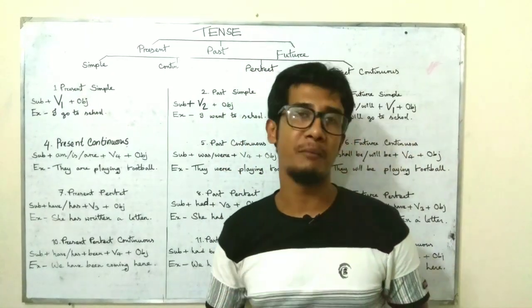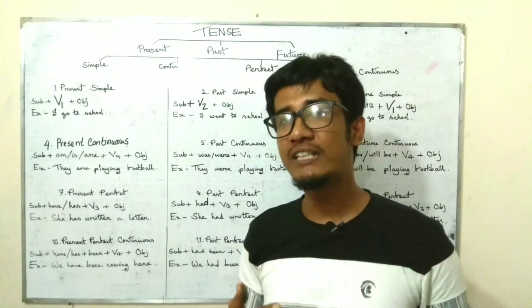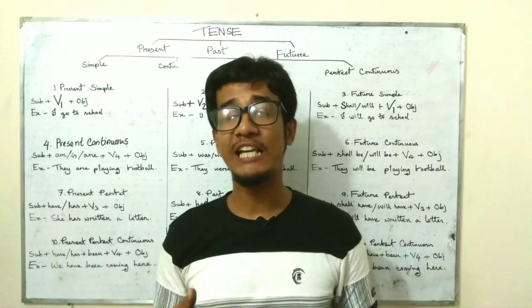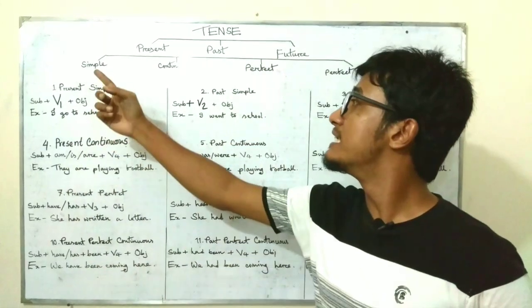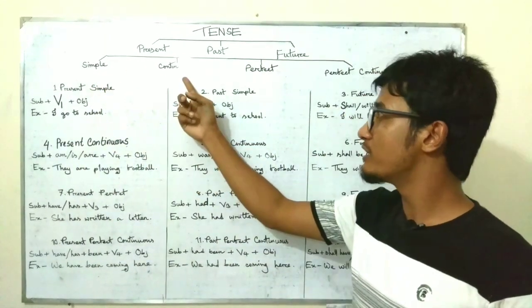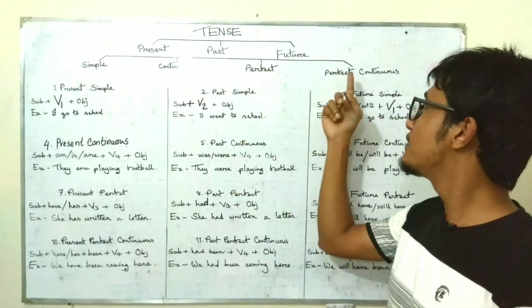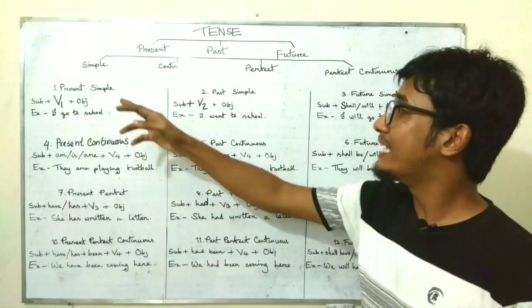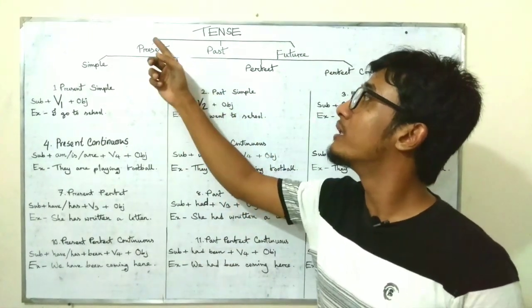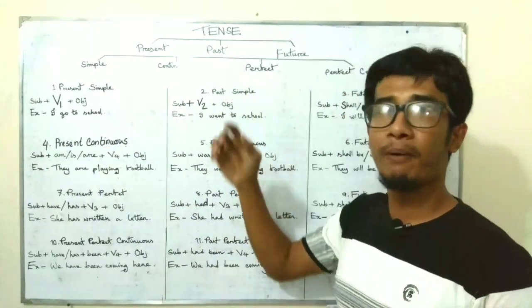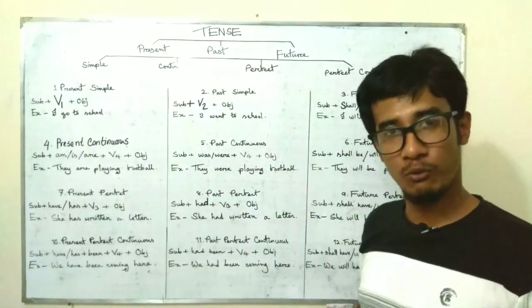These are the three primary topics, and after that each one is divided into four individual categories, and they are simple, continuous, perfect and perfect continuous. These four go with everyone. These four go with present, these four go with past and with future as well.